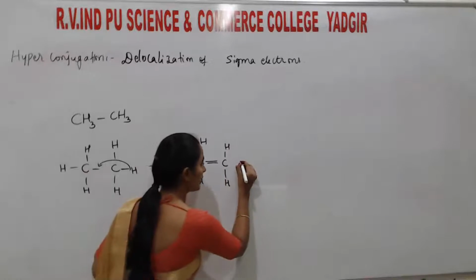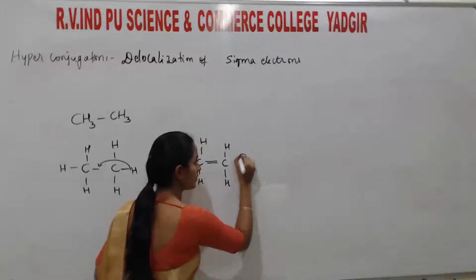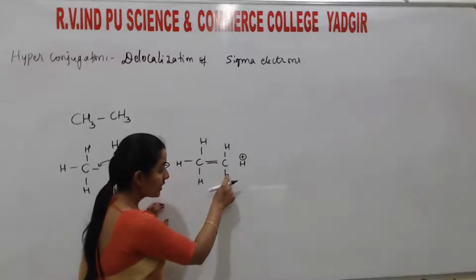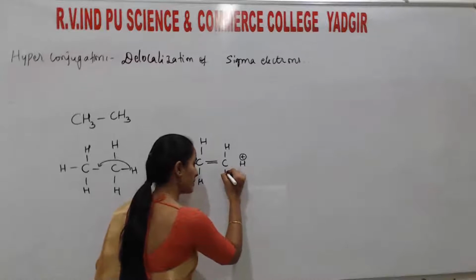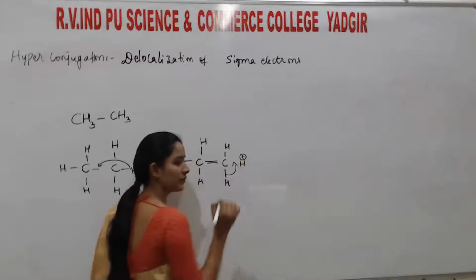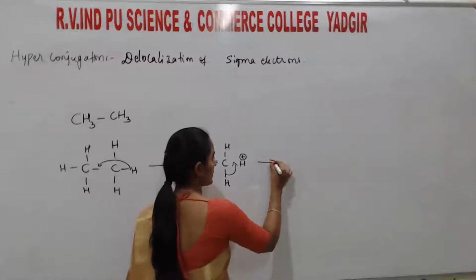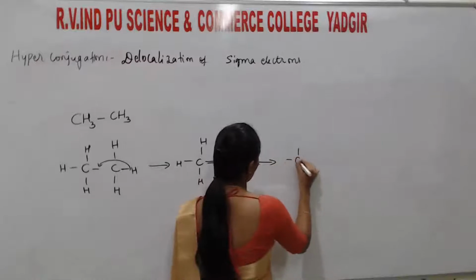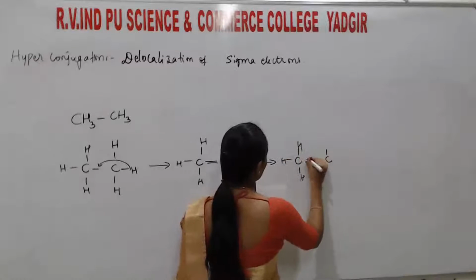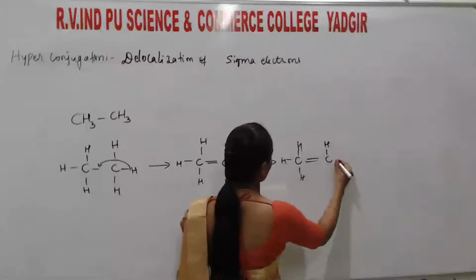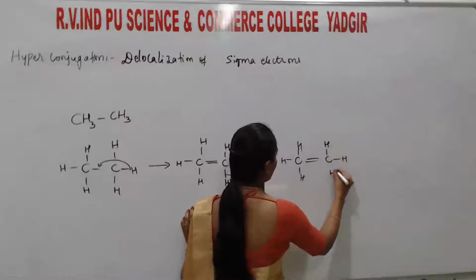So listen, and here it becomes H plus. These sigma electrons of H plus means this sigma bond shifts here and it is represented like CH3, double bond CH, here a bond will form and here H plus will form.